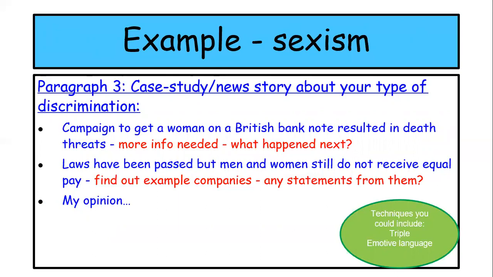You could do some research into laws that have been passed about equal rights for men and women. And again, some techniques that you could include, triples, and as ever, some emotive language to make your feelings clear about this particular topic. So lots of research needed and some ideas there for how you could include them.